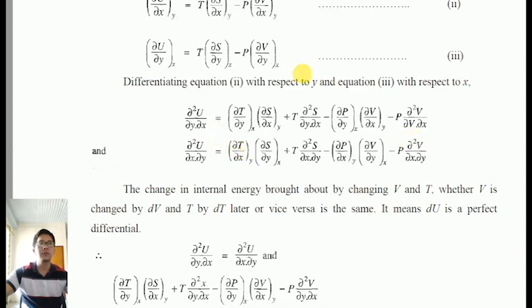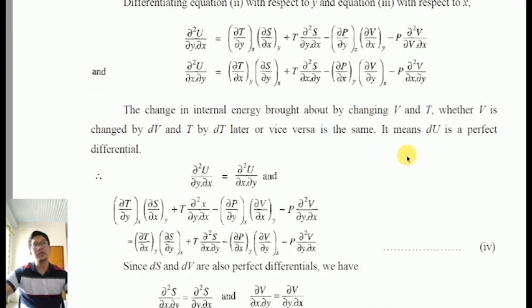And from equation 3, if we differentiate equation 3 with respect to x, we get del square U by del x del y equal to differentiation of T into this one plus T into differentiation of this one, minus differentiation of P multiplied by this portion, minus P into differentiation of the second portion with respect to x.